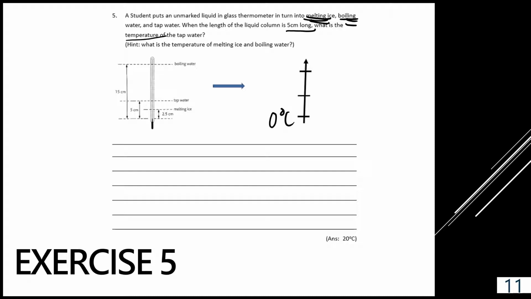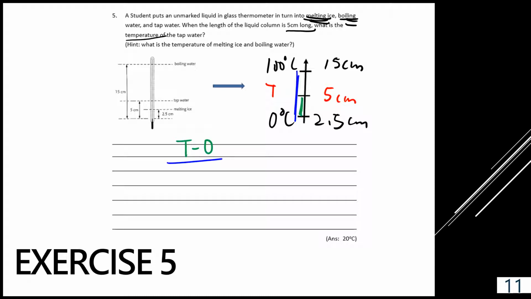Now 0 degree, 100 degree. When you look at 0 degree, it's 2.5 cm, and at 100 degrees it's 15 cm. What you have to find is 5 cm here. I'll just put T here. So the same method. The green one is T minus 0, the blue one is 100 minus 0.